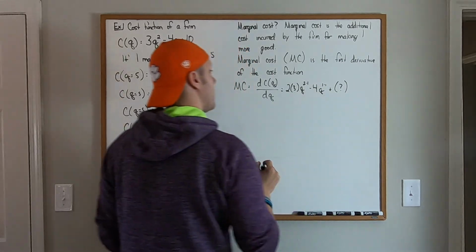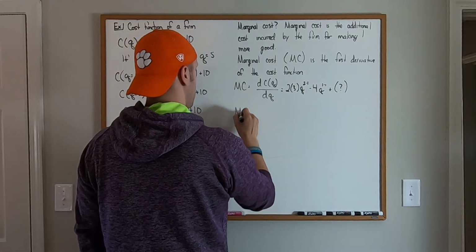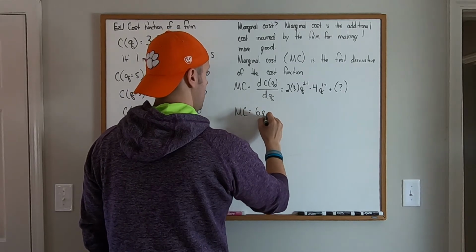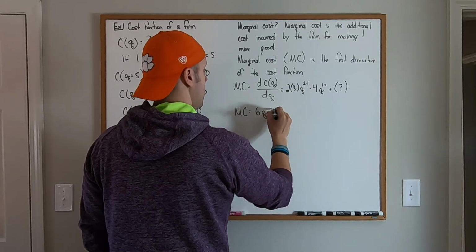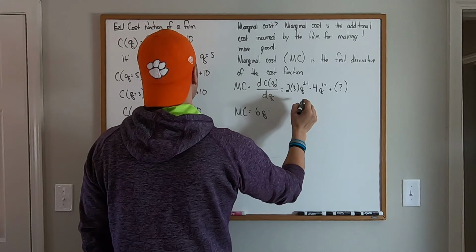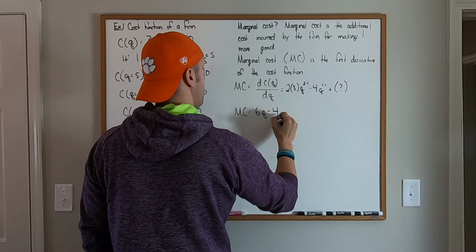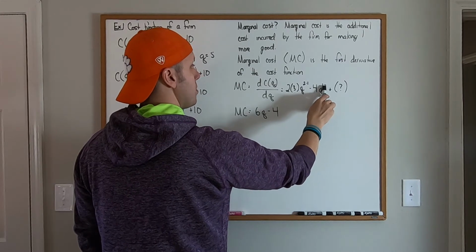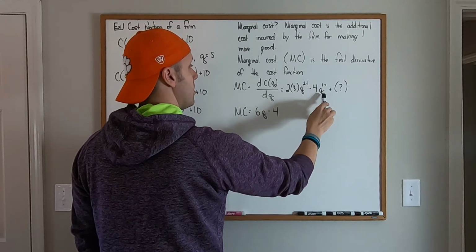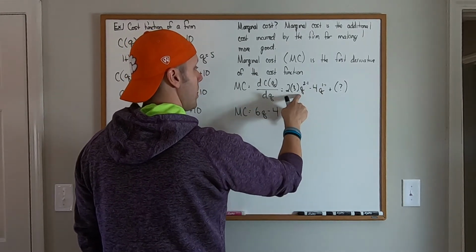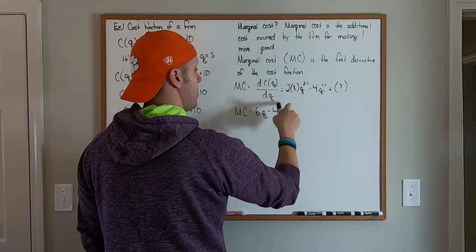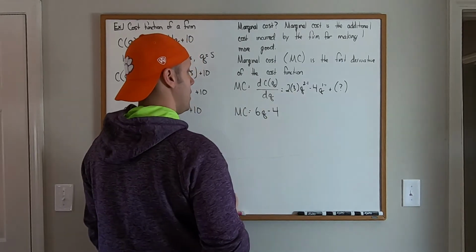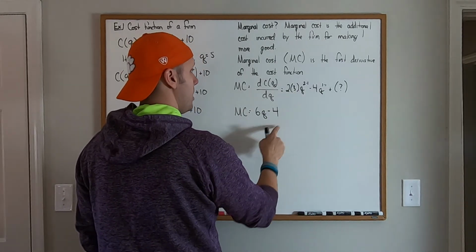The marginal cost is going to be 6q minus 4. This q to the power of 1 minus 1, q to the 0, just becomes 1. Right, this q, 2 minus 1, q to the power of now 1, where the exponent was multiplied by the leading coefficient. So I get 6q minus 4.